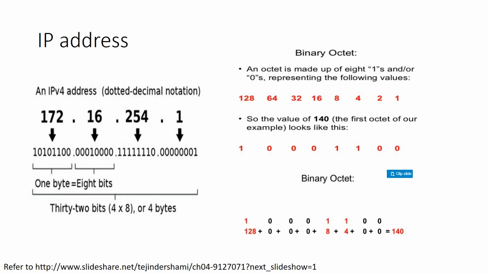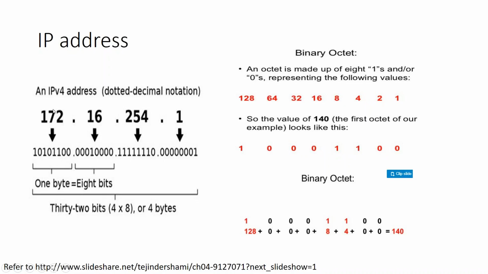In an IP address we have 4 octets, guys. Each number can be called an octet. We have 4 octets, and each octet contains 8 bits.